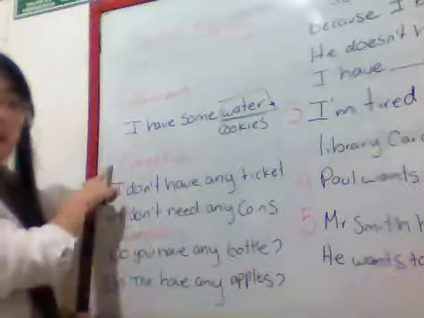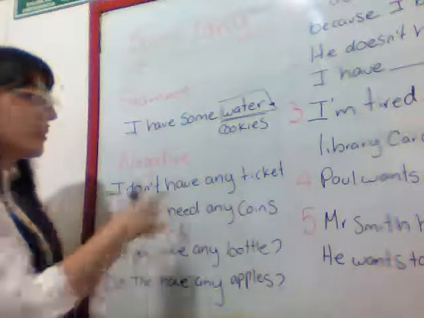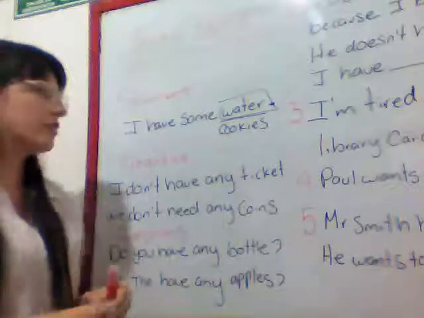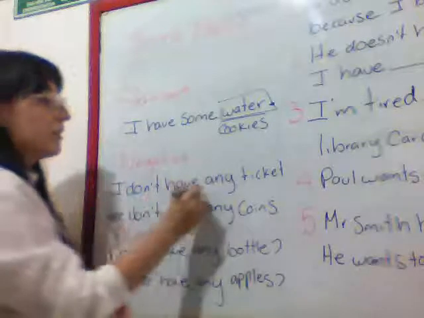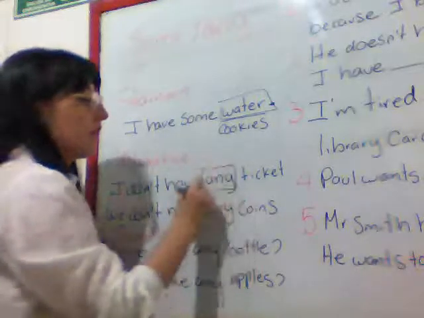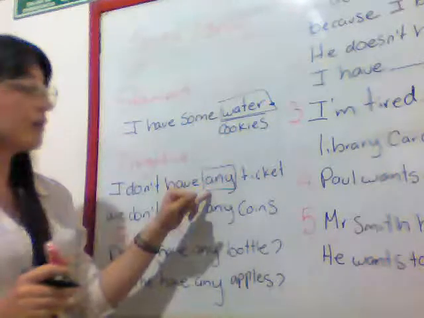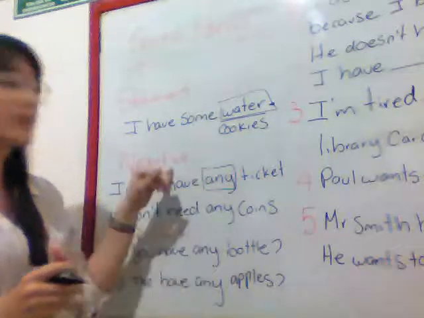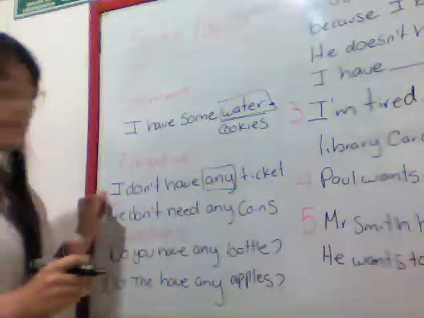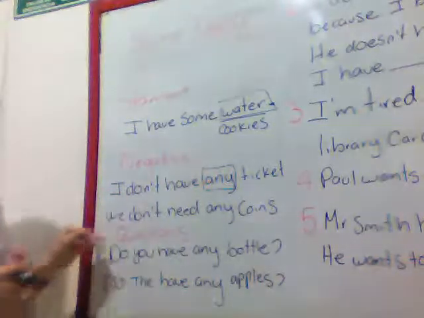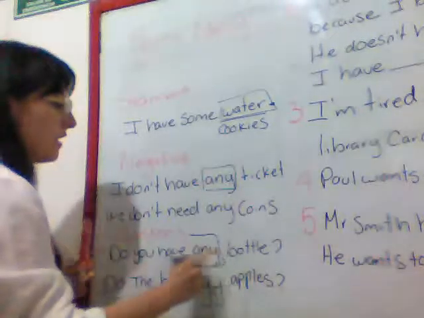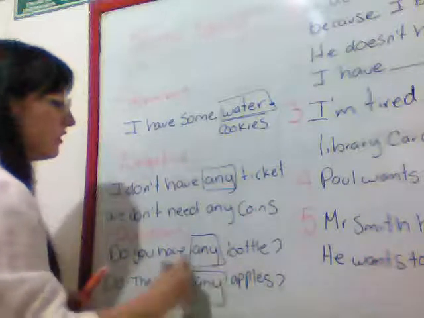For the negative, we have: I don't have any ticket. So here we can see the word any for negative sentences and for questions. For negative and for questions.